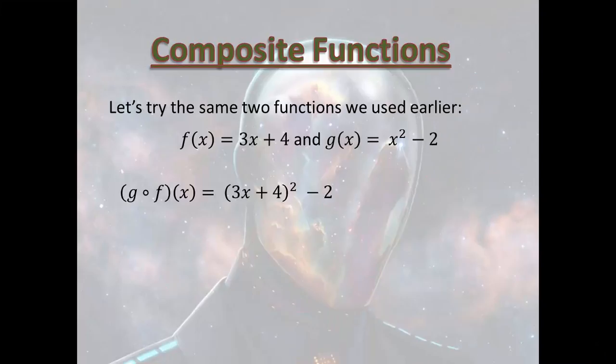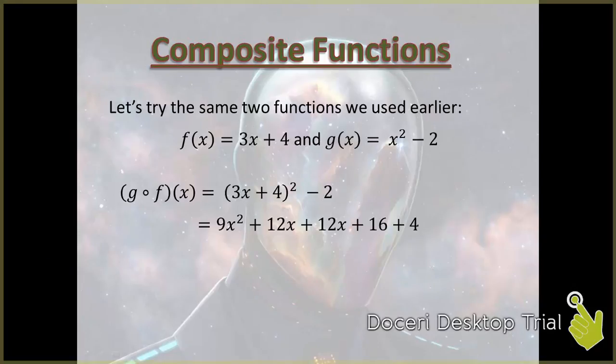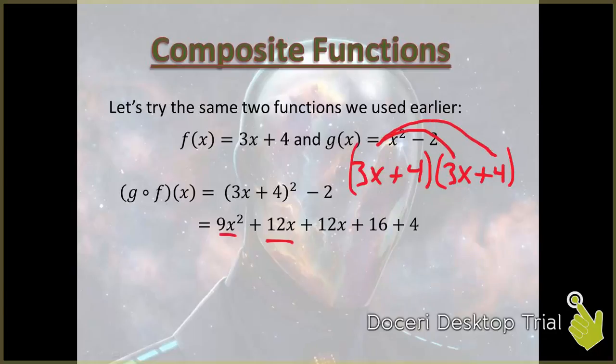So anyways, don't make that mistake. You need to set up 2 sets of parentheses. 3x plus 4 times 3x plus 4. FOIL it out. 9x squared plus 12x plus 12x plus 16.